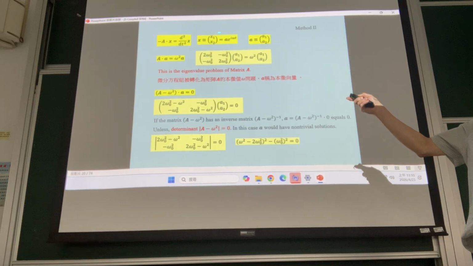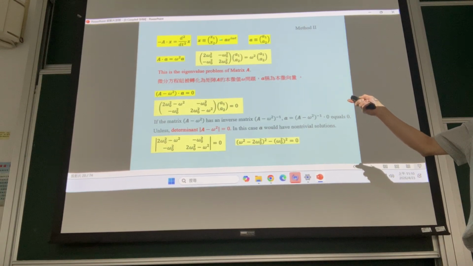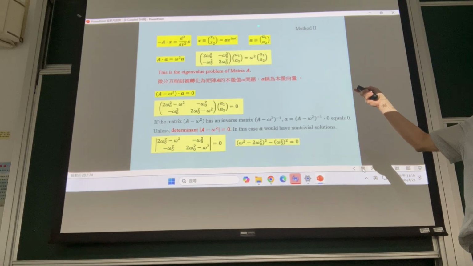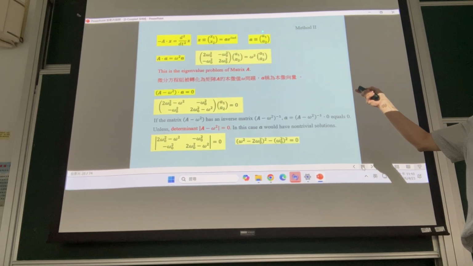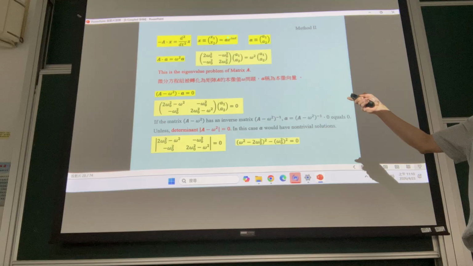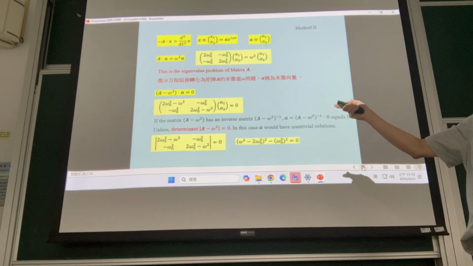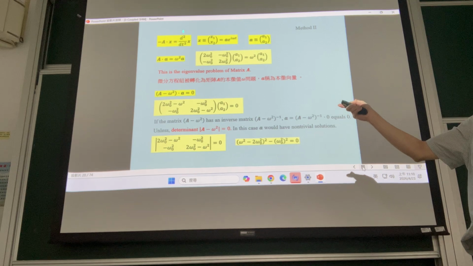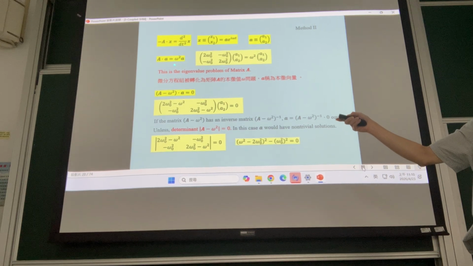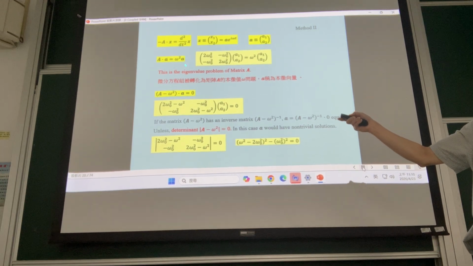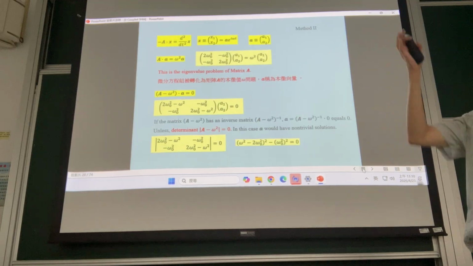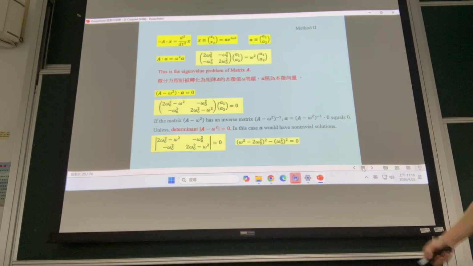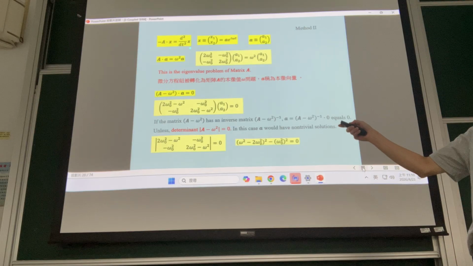On the right-hand side, taking second derivative, a is a constant, so it does not have anything to do with differentiation. Exponential I omega t taking second derivative will be omega squared. See my point? So on the right-hand side, I will have omega squared times a times exponential I omega t. And then cancel out the exponential I omega t. I got this beautiful equation.